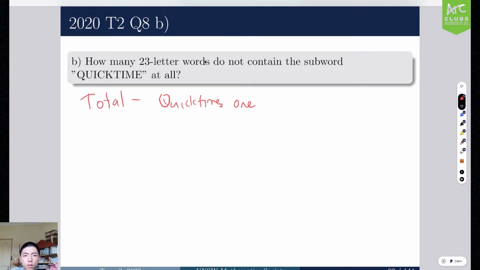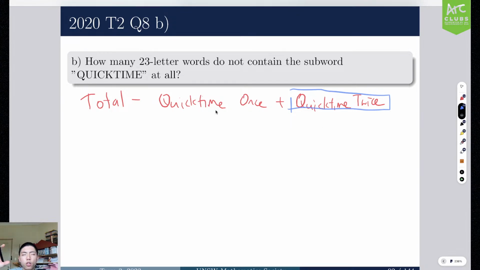And then we need to add back the ones where QuickTime appears twice. I'll explain this later, so I'll first demonstrate what this is. Okay, so if we do not want QuickTime to appear at all, then we just do this total subtract off the QuickTime that appears once.